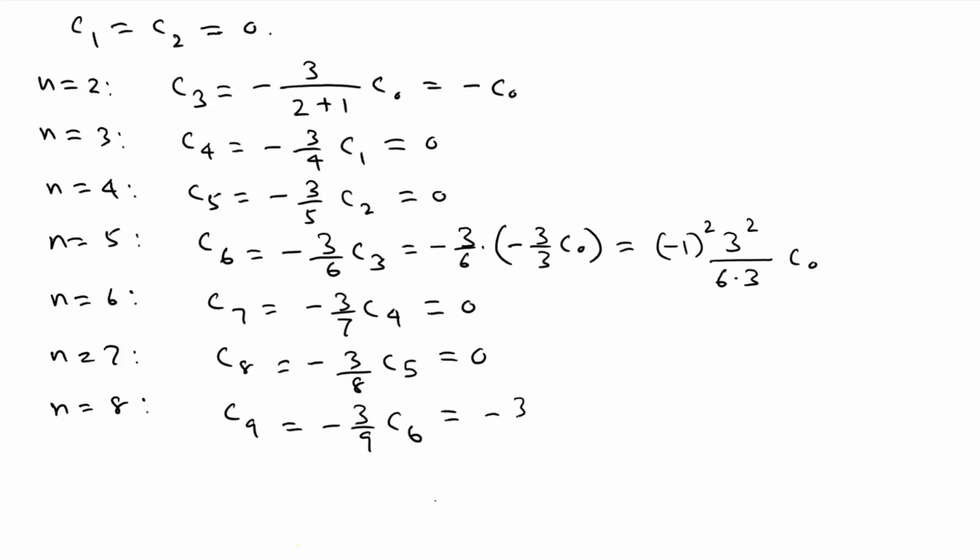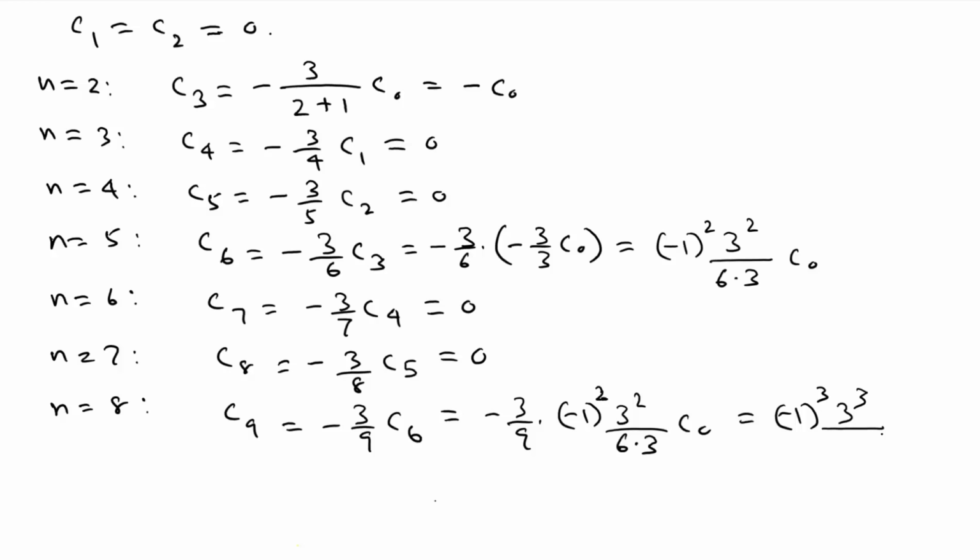So it's negative 3 over 9, and then we have negative 1 to the second here, and we have 3 squared over 6 times 3 c0. If you rewrite this one, you can see negative 1, now you multiply 3 times 3, you get the cube.